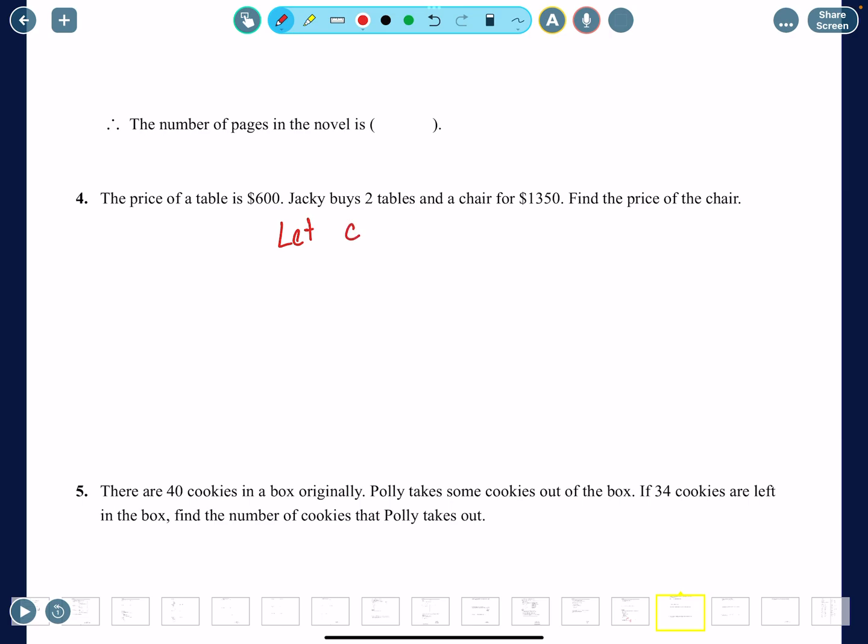Let C, any letter you want, can be X or Y. Prefer Y because X looks like times, right? Let Y be the price of a chair, of one chair.